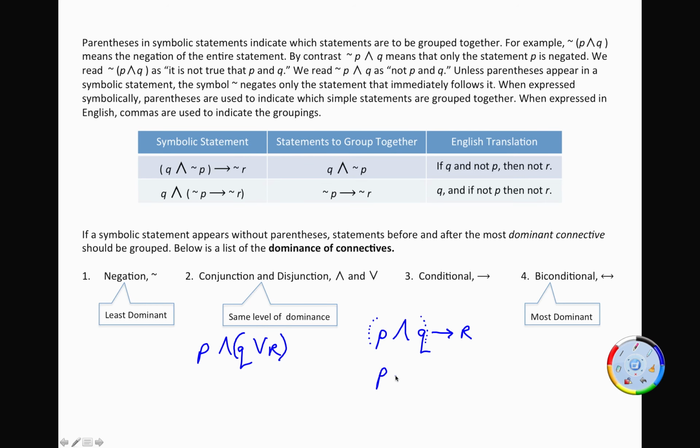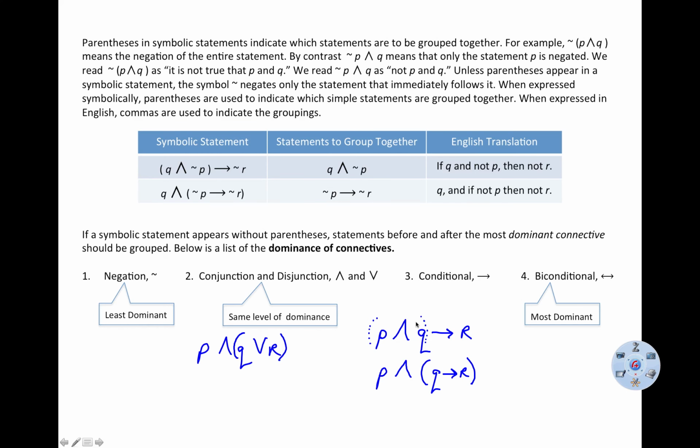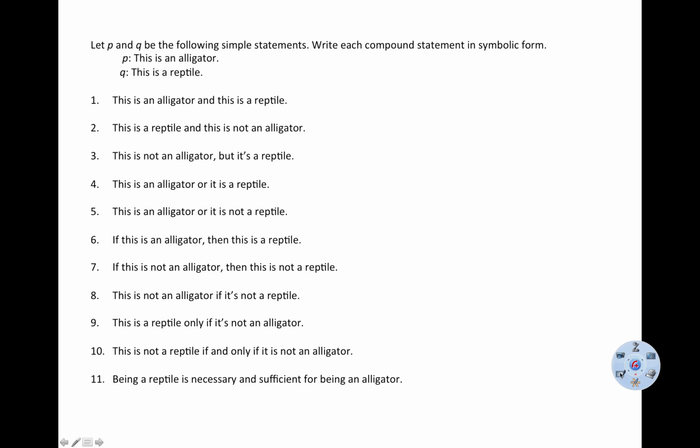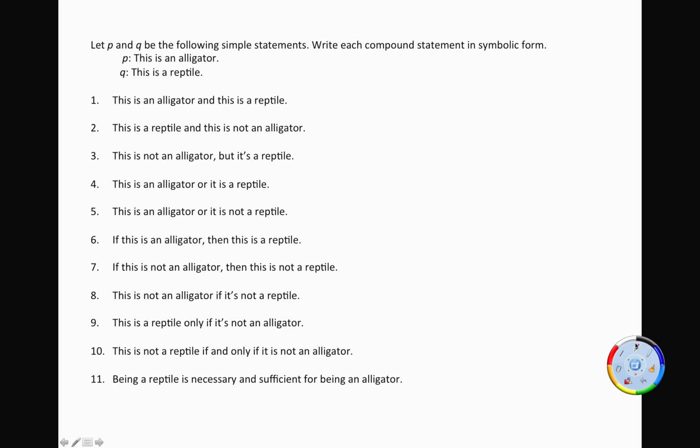If it's supposed to be a conjunction statement, then I must have parentheses around that if-then part to indicate that this is an actual and statement. And then, of course, the most dominant is the biconditional. So let's go look at some problems now, if we've got all that down, and see if we can figure this English stuff out.